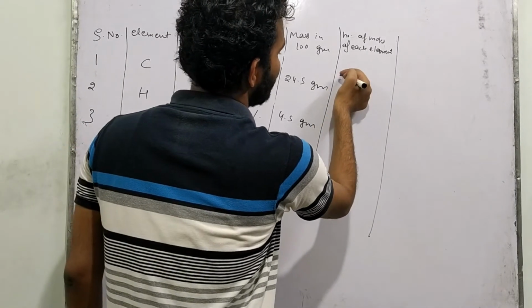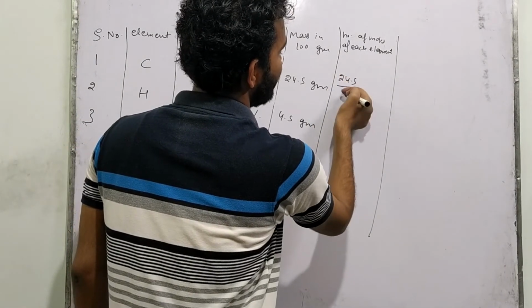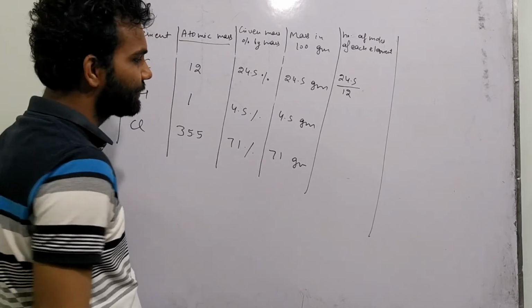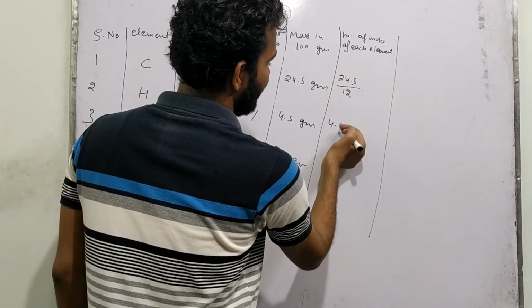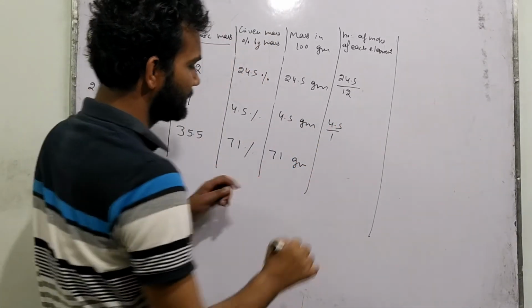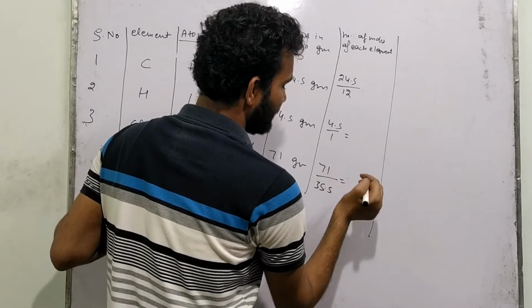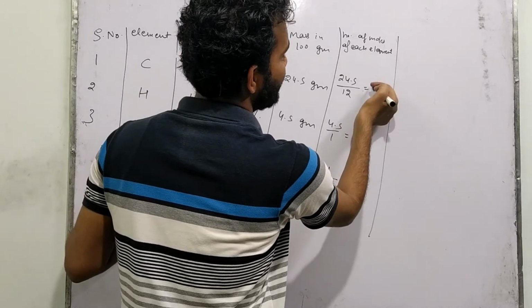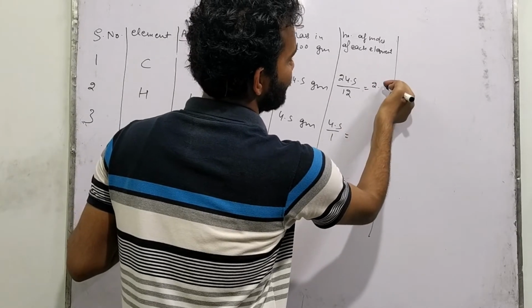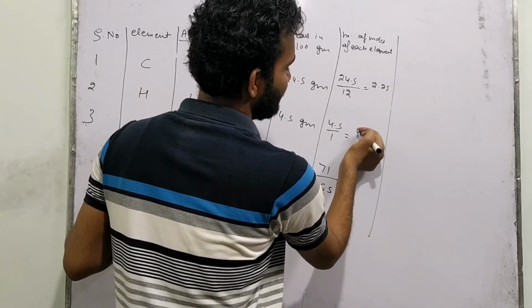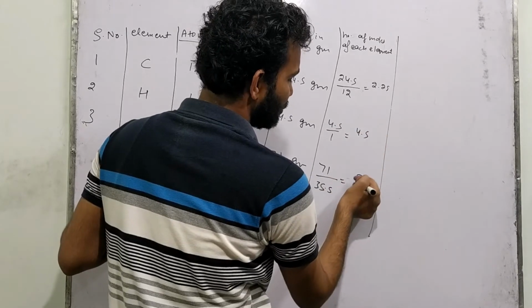Given mass is 24.5 divided by 12. Okay. That is 4.5 divided by 1 and that is 71.5 divided by 35.5. Now it will come nearly 2.25 के आसपास. It will come around 4.5 and it will be 2.